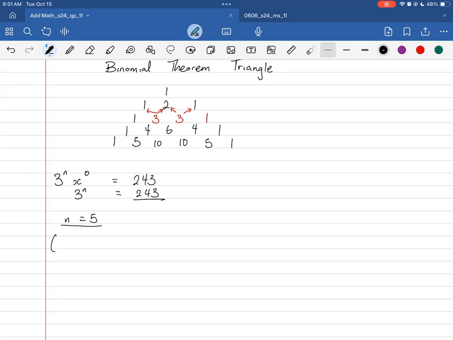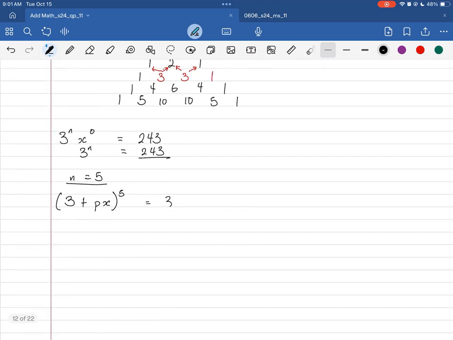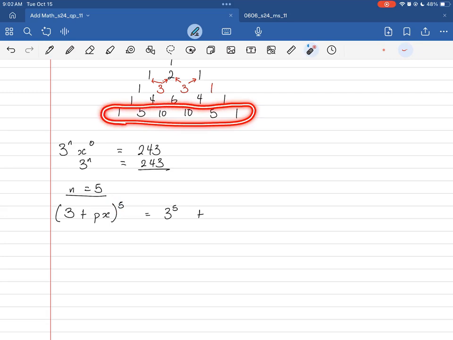So we have (3 + px)^5 equals, now you multiply this out yourself. So you have 3 to the power 5 plus, also remember that because you're dealing with 5 here, you're going to use these numbers. That's what's going to be in front of your terms here.